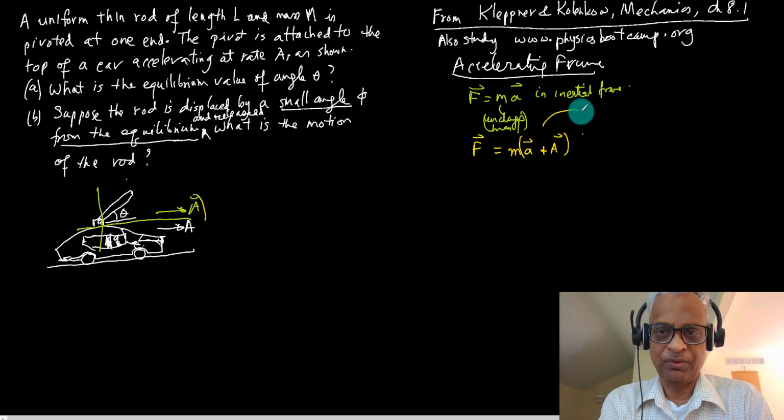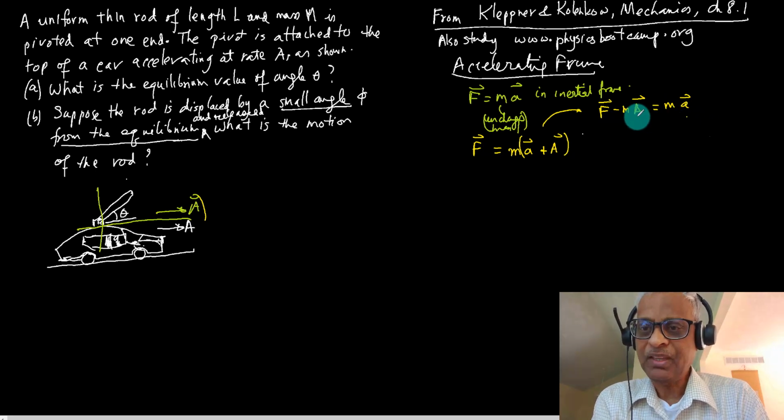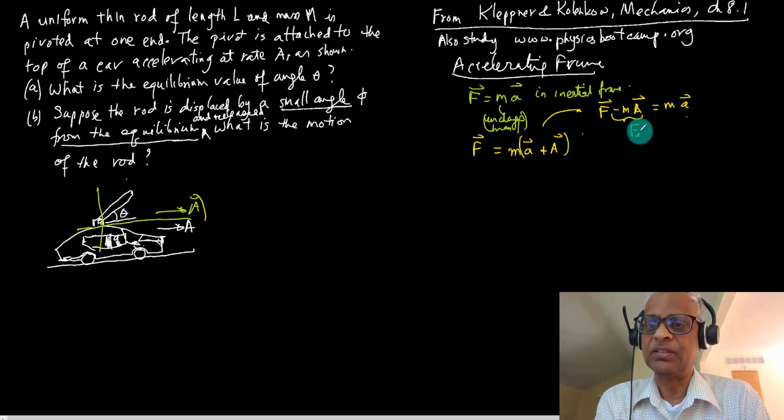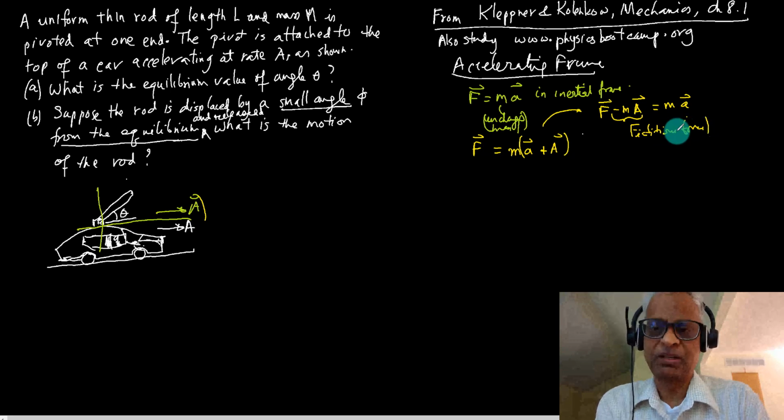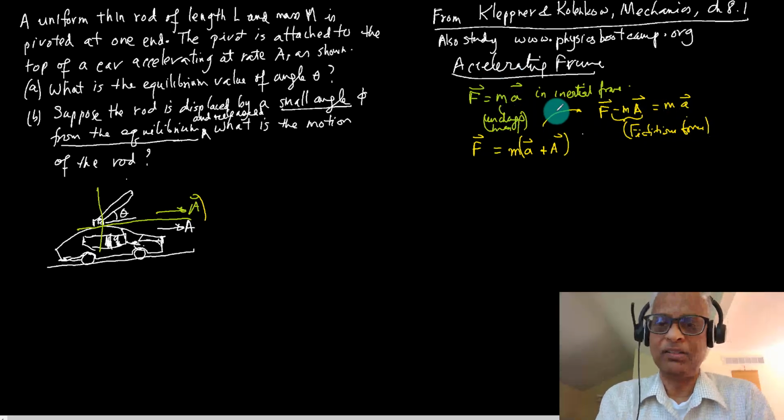Sometimes we say that F minus ma equals the acceleration of the mass itself, and this thing we call a fictitious force, because there's no real force. It's just because of the frame I'm using, which is not an inertial frame.